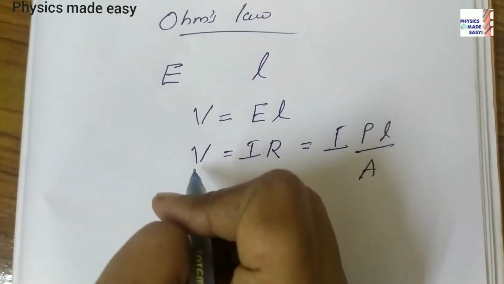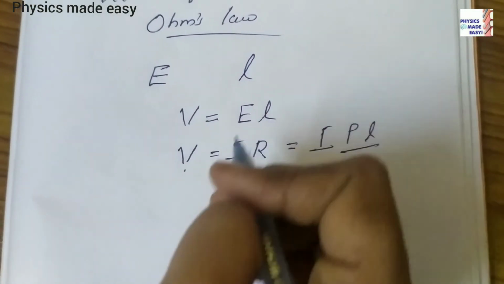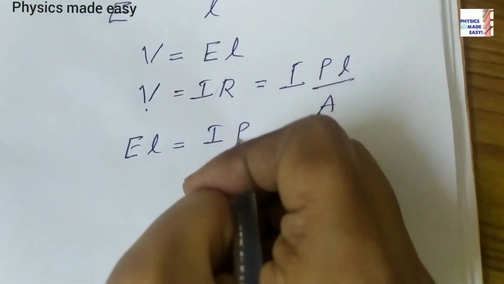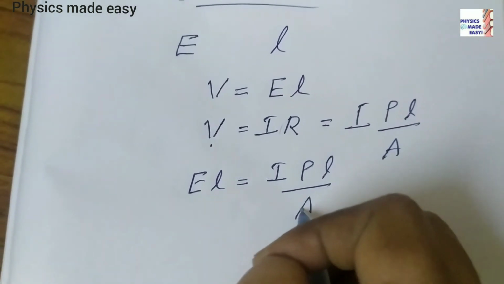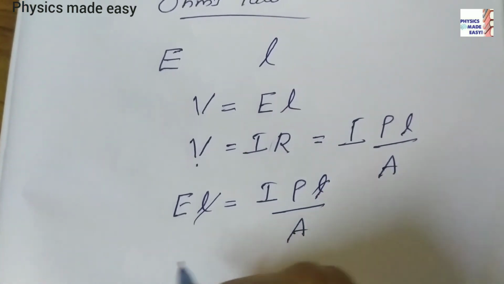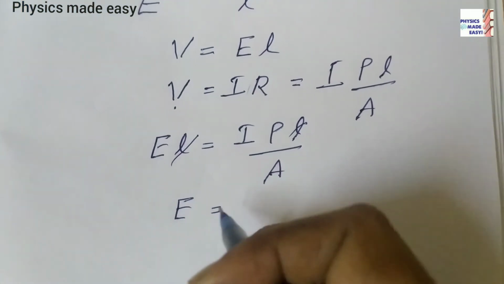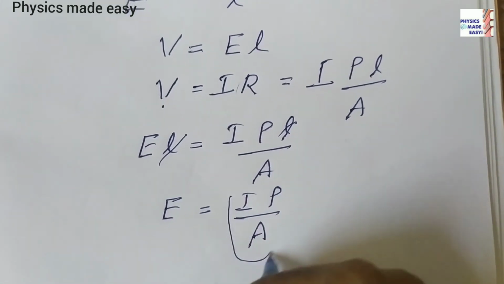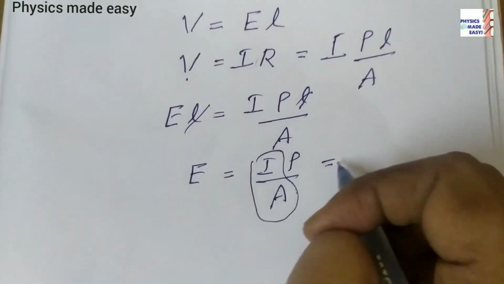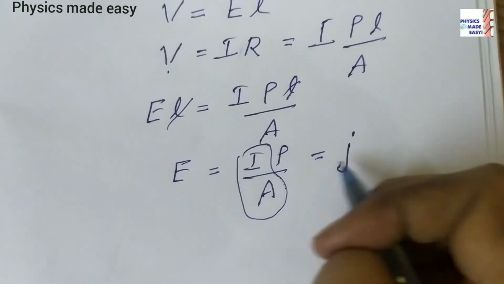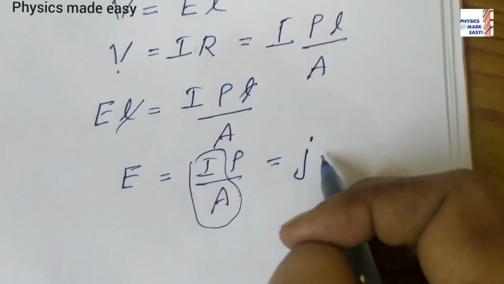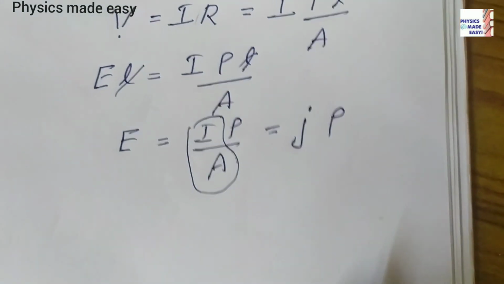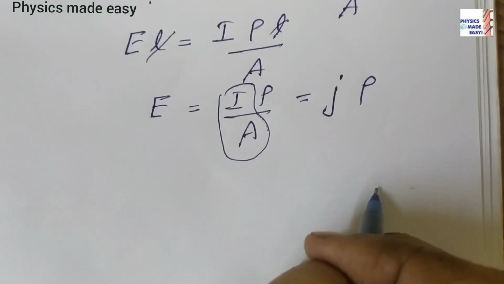Then in place of V, we can put EL. Then EL is equal to I into rho L divided by A. We can cancel this L. Then we will get E is equal to I into rho by A. You know what is this I by A? I by A is current density, that is J. So we can write E is equal to J into rho.